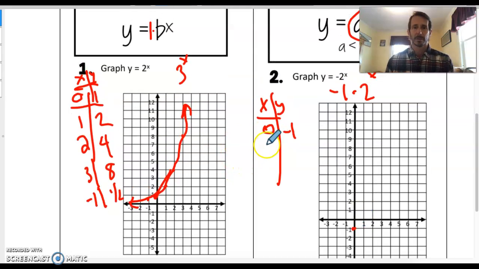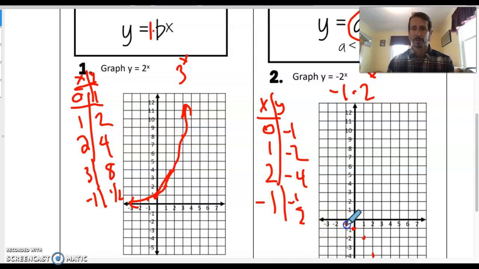If I put in 1, 2 to the first is 2, times negative 1 is negative 2. If I put in 2, 2 squared is 4, times negative 1 is negative 4. So literally the pattern is just the exact opposite. When I put in negative 1, I get 1 half, but times negative 1 would be negative 1 half.